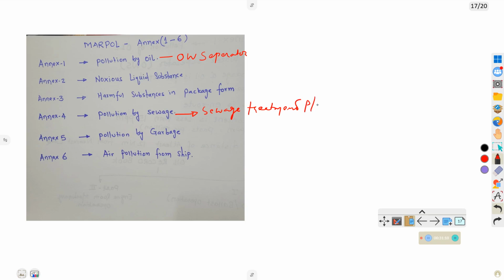So it deals with the sewage treatment plant. In a sewage treatment plant, usually there are two types. One is vacuum type and another is aerobic type. In the aerobic type there are 3 compartments.